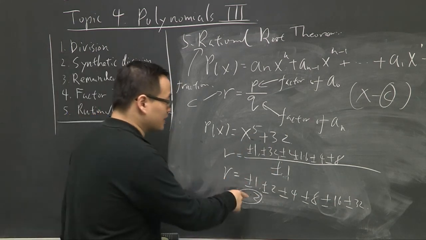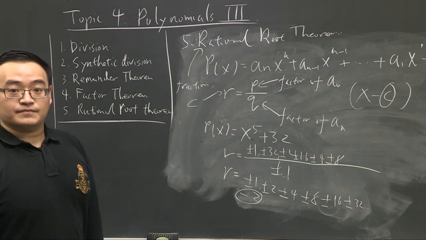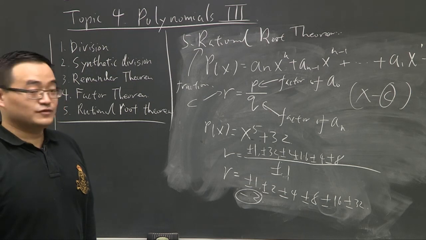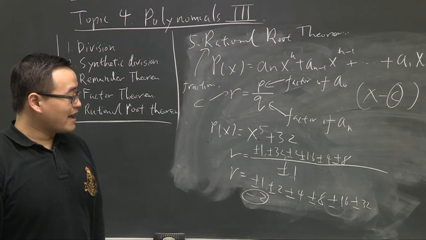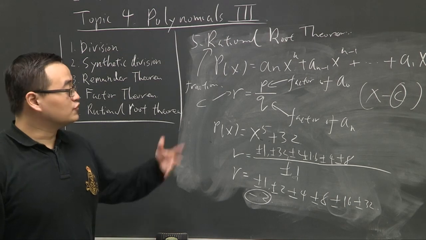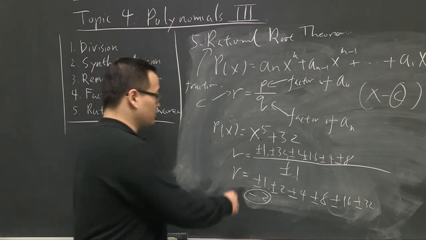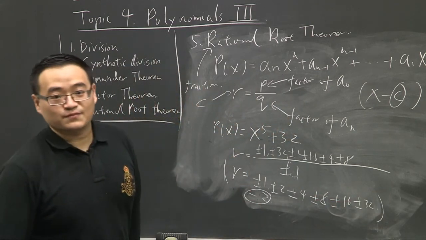So I know -2 is an answer. And once you know that, you're set. You reduce it down. So this gives you a list of all possible rational roots.